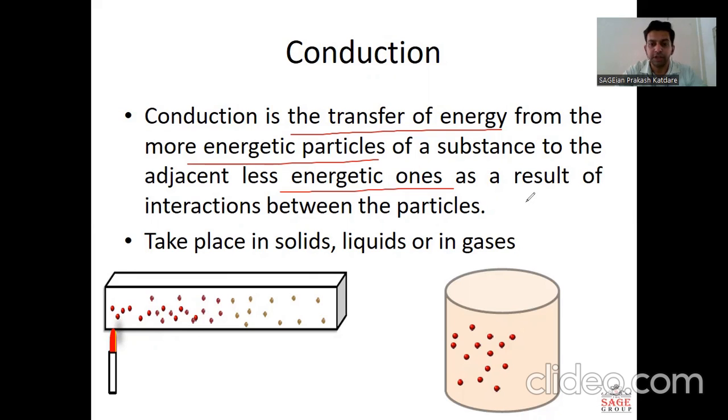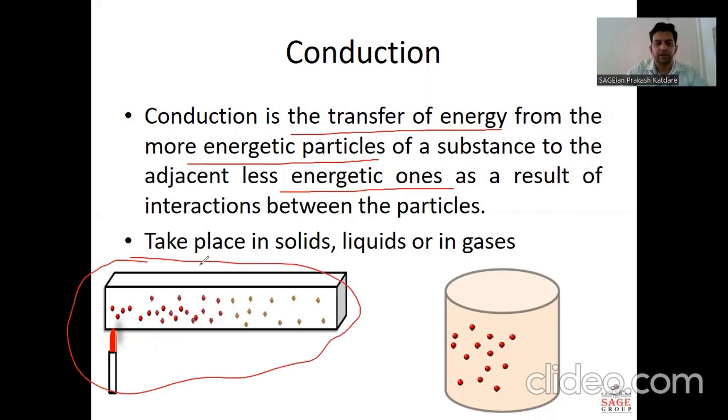Conduction may take place in solids by free electron movement or because of lattice vibration. Free electron movement we can see in metals, in which there are a large number of free electrons. High energy electrons will move to another part, as we can see in this image.